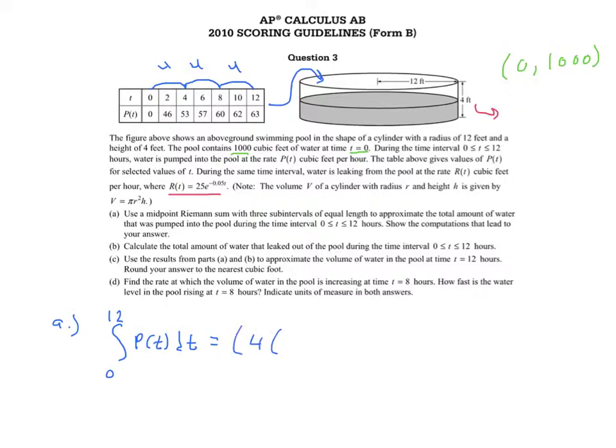The first subinterval, from 0 to 4, using a midpoint approximation, has a height of 46, plus the second subinterval with a height of 57, and our third subinterval with a height of 62. Do that arithmetic, and we get 660 cubic feet of water added to that swimming pool over the course of those 12 hours.